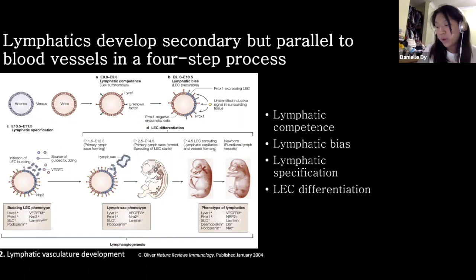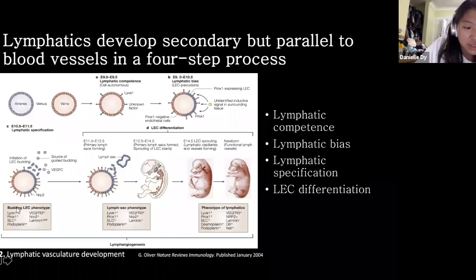And this is the point at which these venous endothelial cells start to take on the lymphatic cell phenotype. We go into lymphatic specification. So we see here this increase in several different factors, and VEGFR3 is one of them.